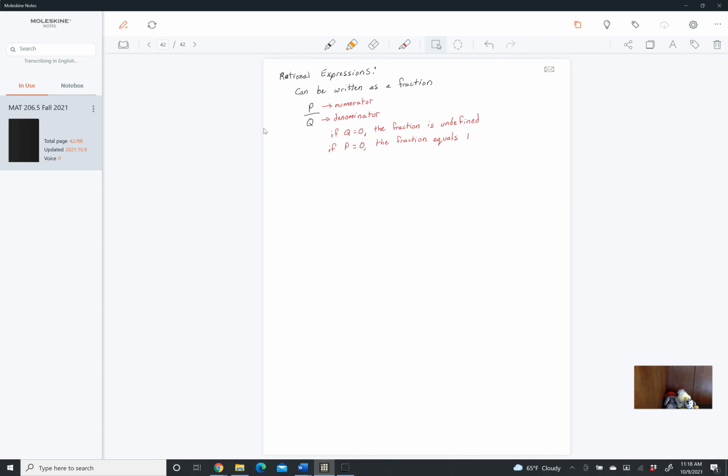We also know that if we're dividing, we flip the second fraction and we multiply, but we'll get to that in a few minutes. There are a few things that we know.